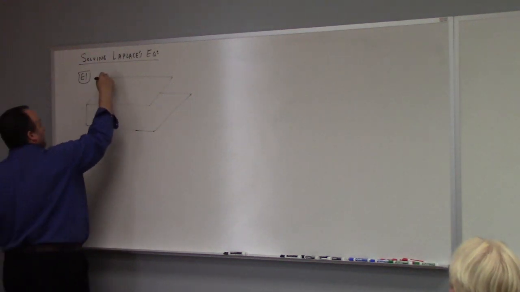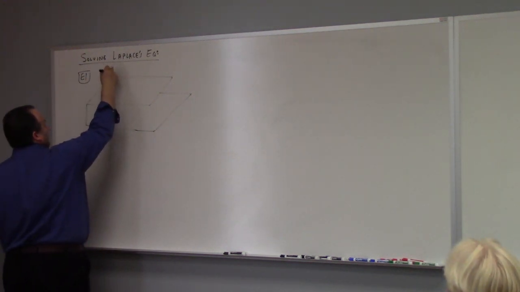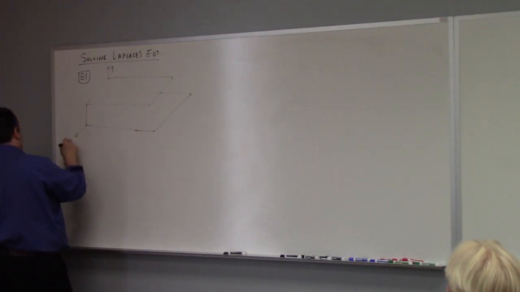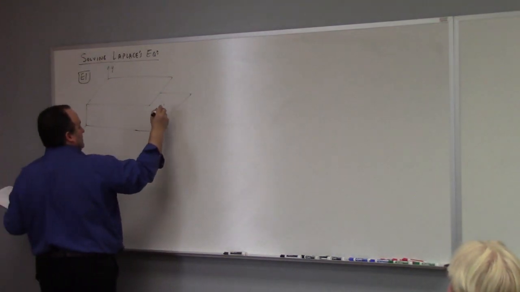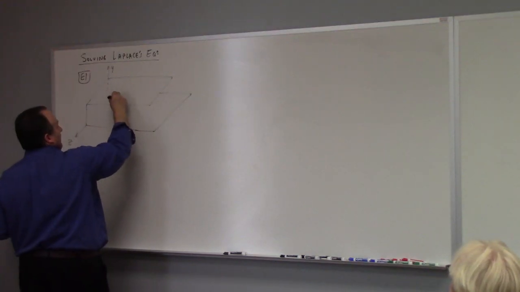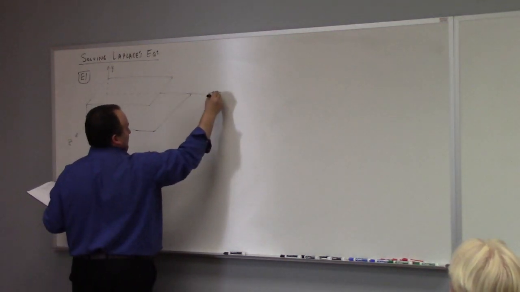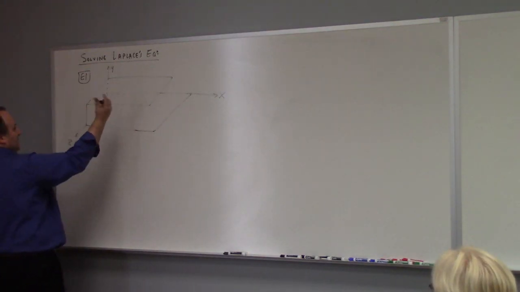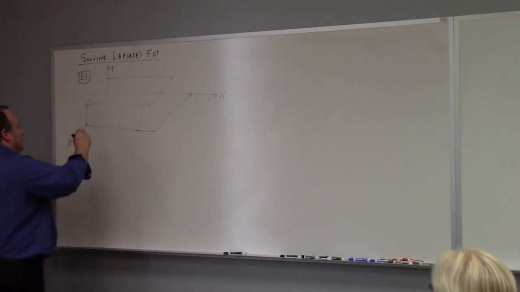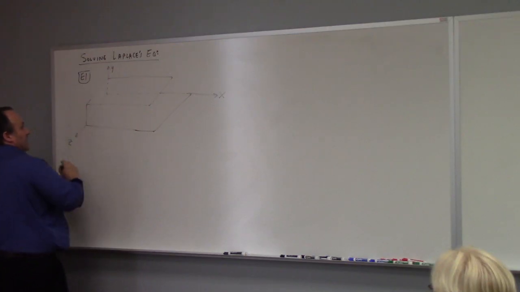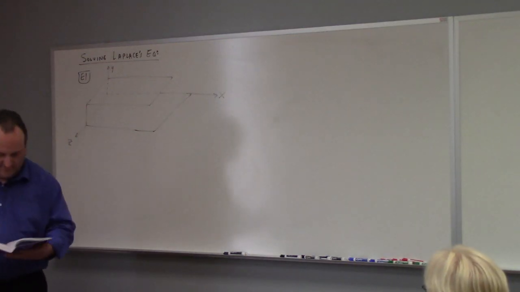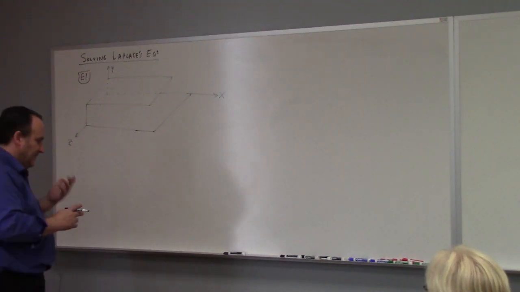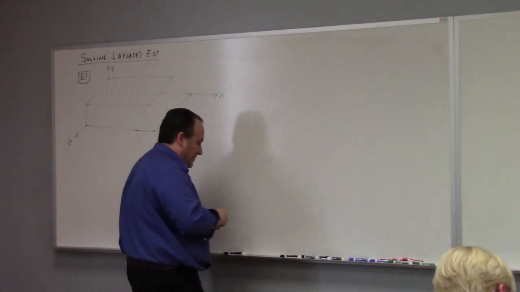Let's see here. This is the y-axis. This is the z-axis. And here's the x-axis, let's say. X cross y is z, good, right-handed. So these are infinite conducting grounded planes.